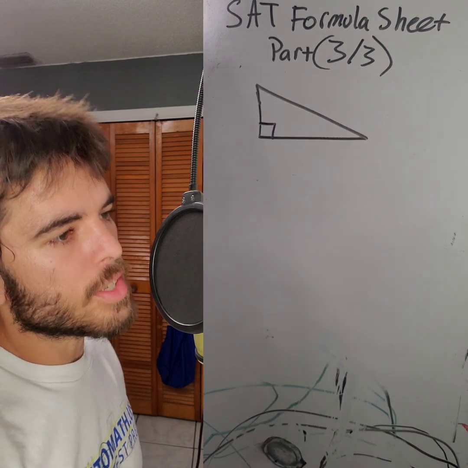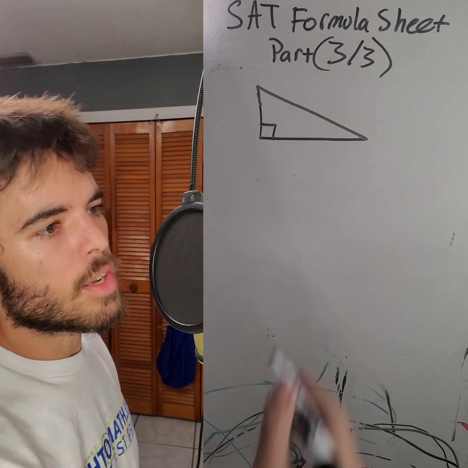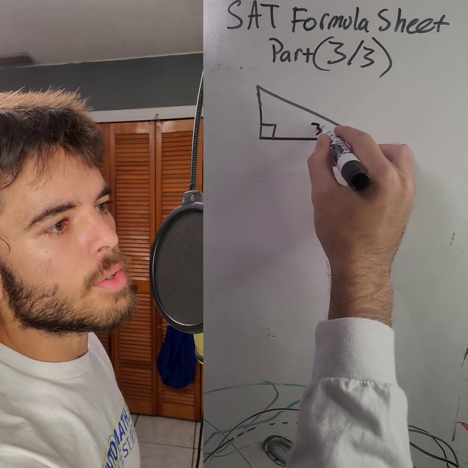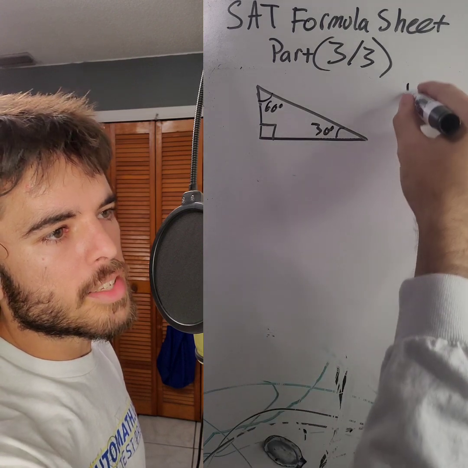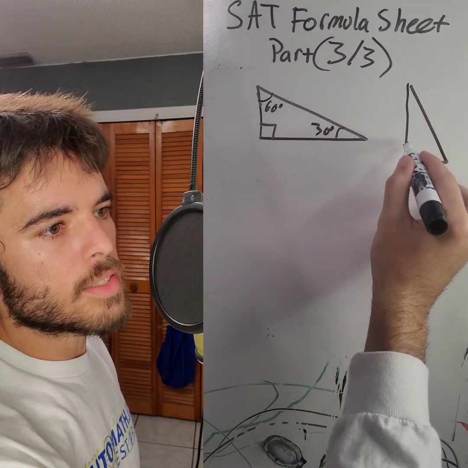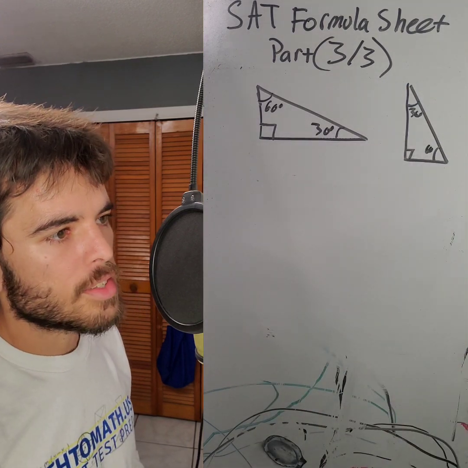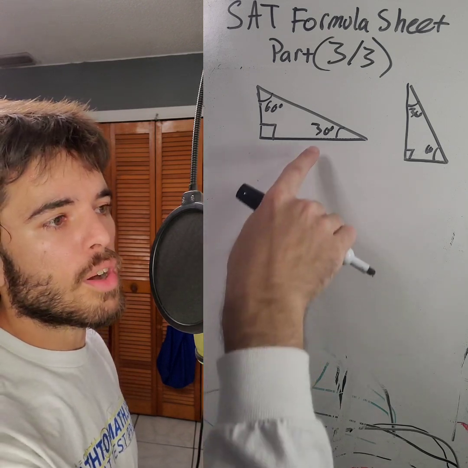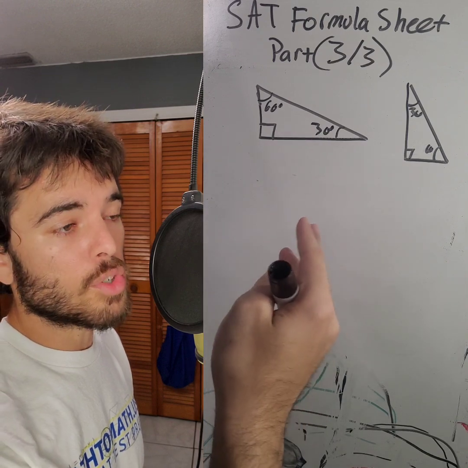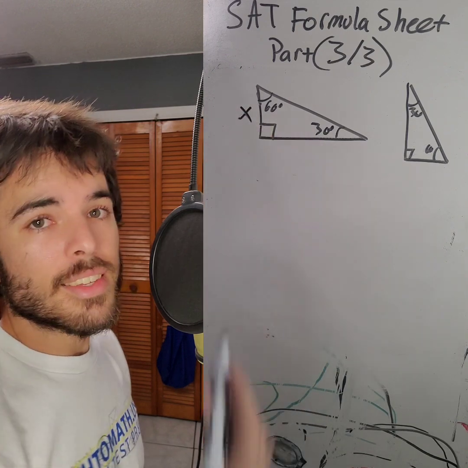There's also a 30-60 triangle. And a 30-60 triangle is defined by a 30-degree angle and a 60-degree angle. They can be represented as standing up as well, kind of like this. What's important to know about these is the proportions of the sides. The smallest side is always across from the smallest angle in any shape or triangle. So that's going to be x.